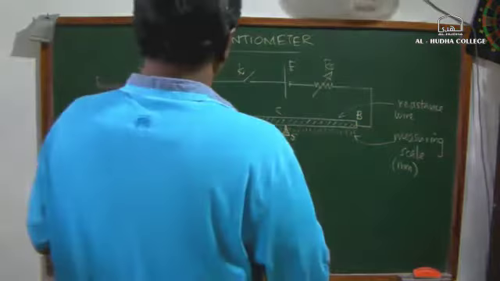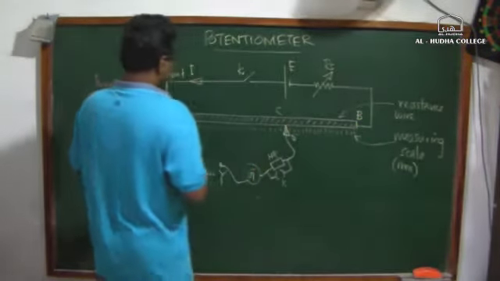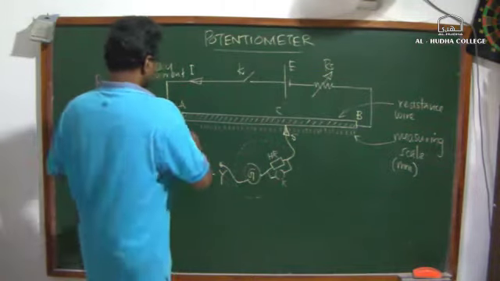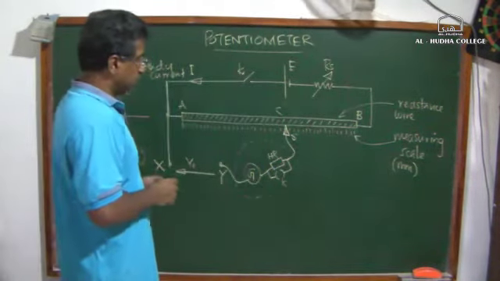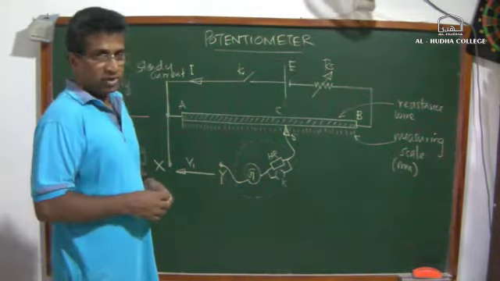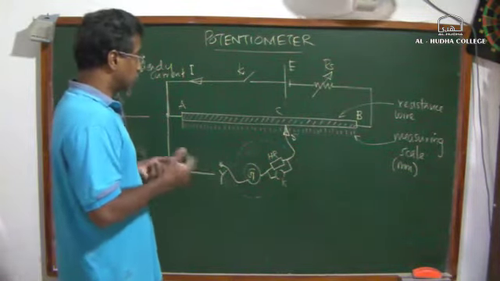So the potentiometer is similar to the meter bridge, as it has a resistance wire, right? The resistance wire doesn't need to be 1 meter, it can be any length, but it should be a known length.